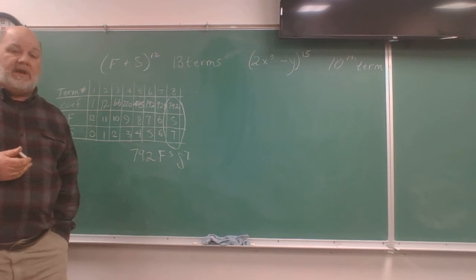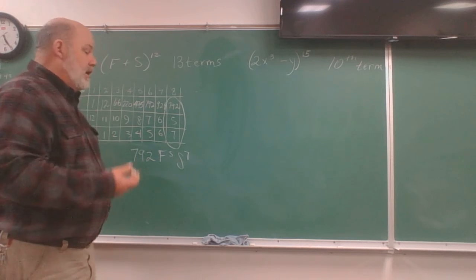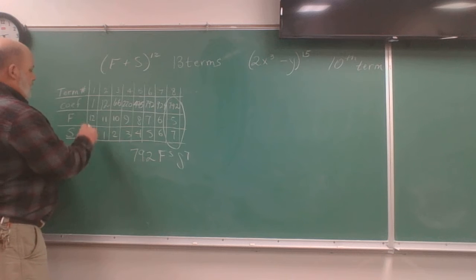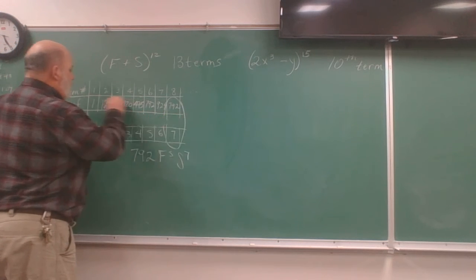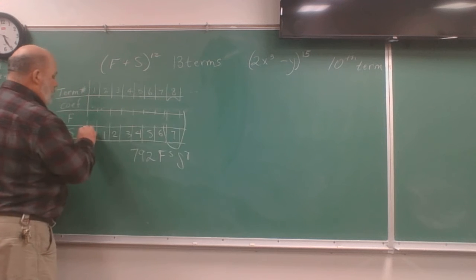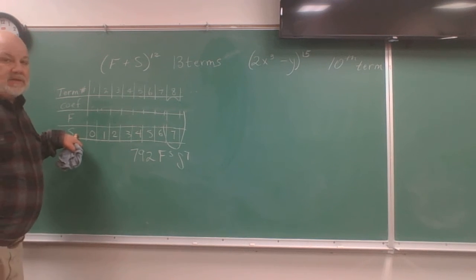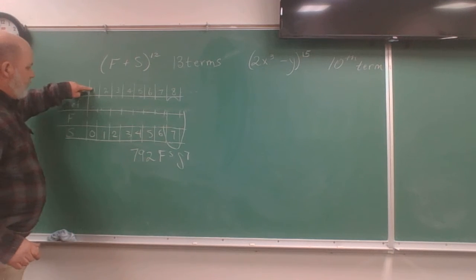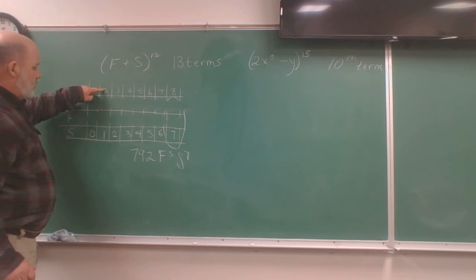Now, the lesson is about how to find this in an easier way. Well, we're going to start this all over again. Let me just erase these real quick. And we're going to focus on the s first of all. If you notice, in our first term, the power of the s was 0. In the second term, it was 1.